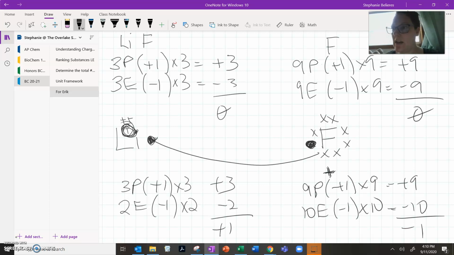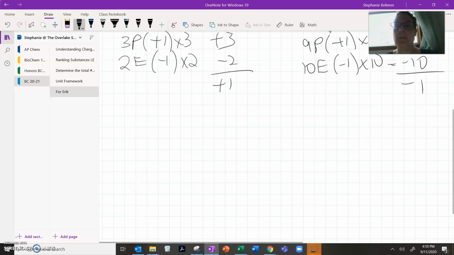So it is fully negative, right? This electron is completely off of lithium and onto fluorine. So it is fully negative and lithium is fully positive, okay? The negative charge comes from this electron and the positive charge comes from that proton.